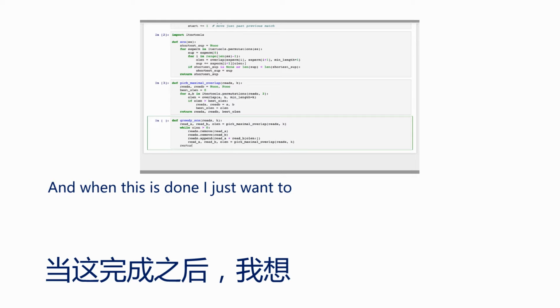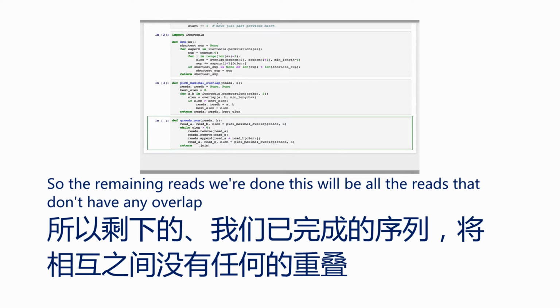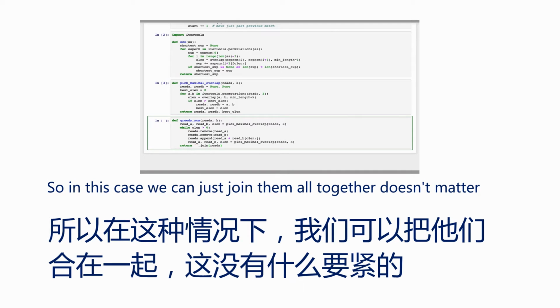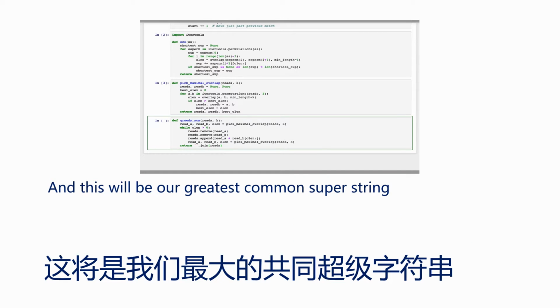And when this is done, the remaining reads will be all of the reads that don't have any overlap. So in this case, we can just join them all together. It doesn't matter. And this will be our shortest common superstring.